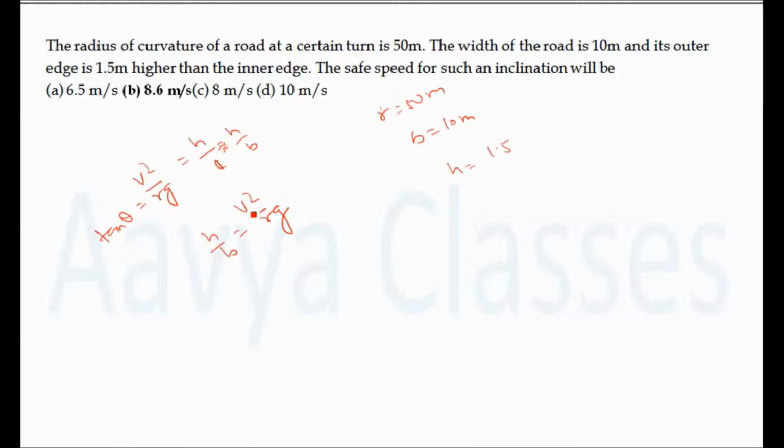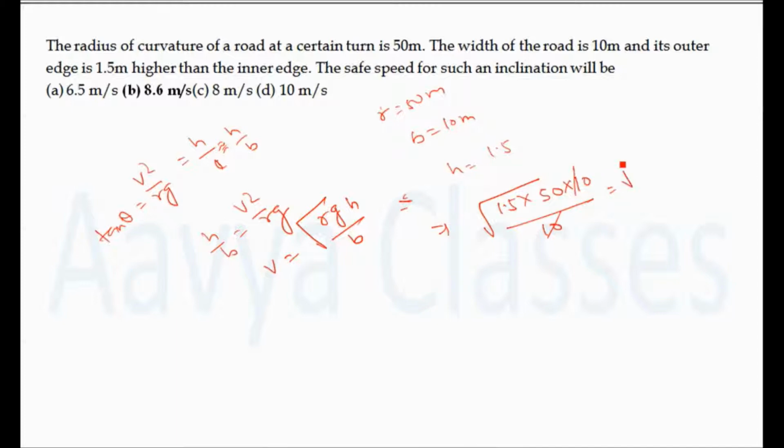So h by b is equal to v square by rg. If you solve for it, then v is equal to the square root of rg h by b, and we just put in the values: h is equal to 1.5, r is equal to 50, g is equal to 10, divided by b is equal to 10.